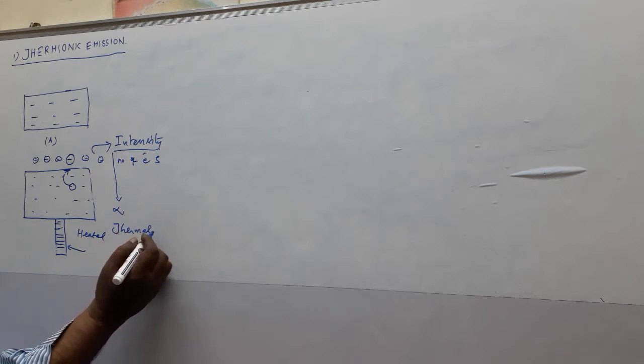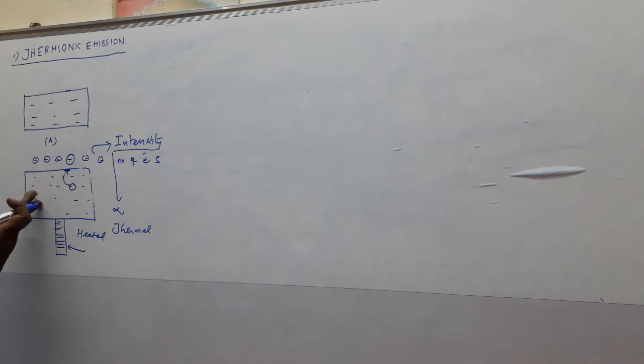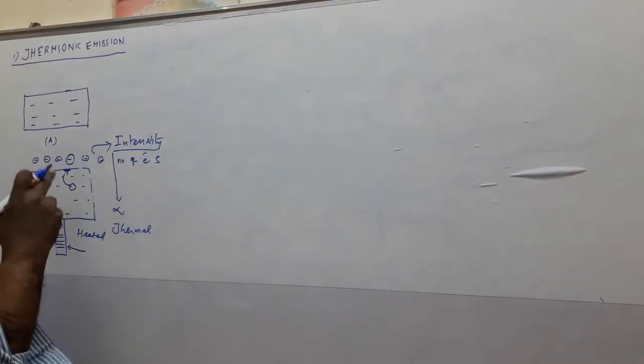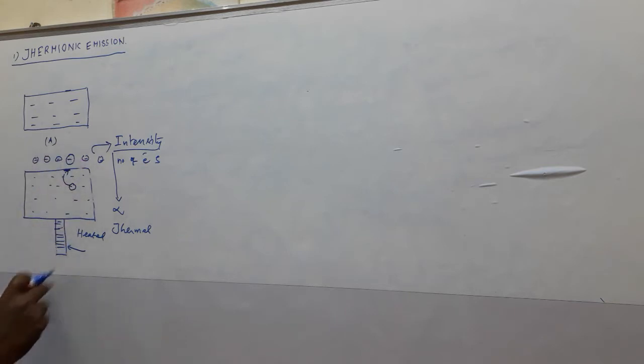The more thermal energy you apply to this metal, the more electrons are capable of coming outside. So the number of electrons emitted by the metal, or the intensity of the electron rays, is directly proportional to thermal energy.